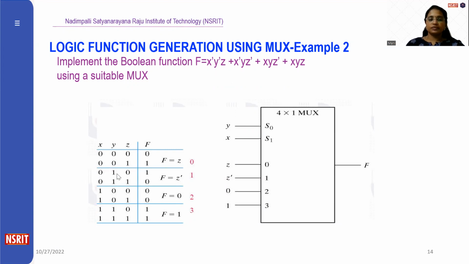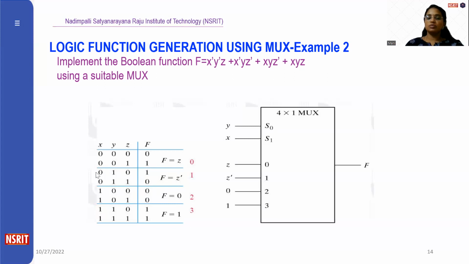Next, 0, 1. What is the z? 0. F equals 1. 0, 1. What is the z? 1. F equals 0. It means that for the 0, 1 case, whatever the value present at z, that will be complemented at the output side.